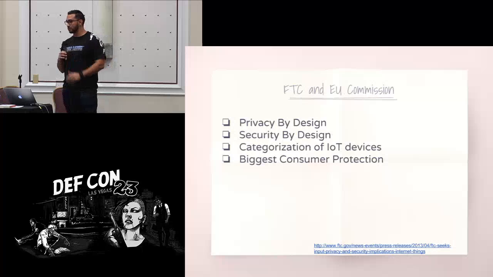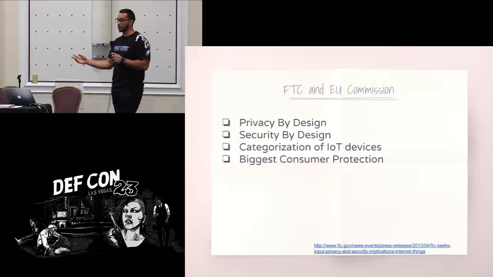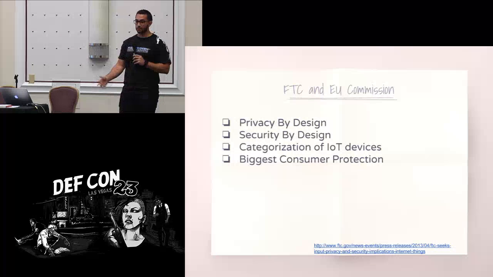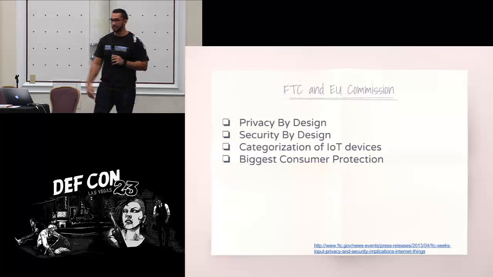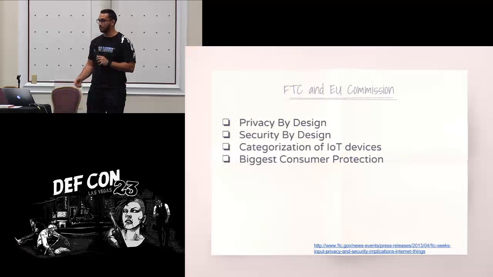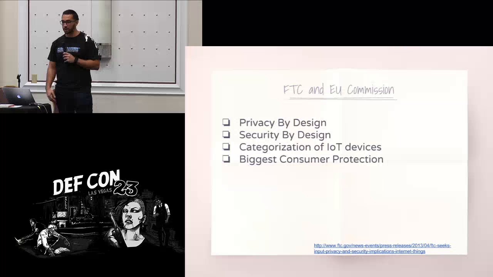They try to define what is an IoT device and what is not, from the FTC standpoint and the EU Commission standpoint. But at this point, there are no regulations for these consumer devices, so that's the biggest gap. There's no PCI or anything like that. Nothing is being required of the manufacturers to implement security by design or privacy by design.